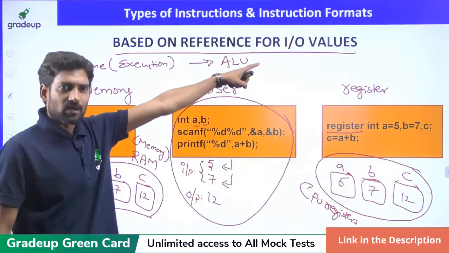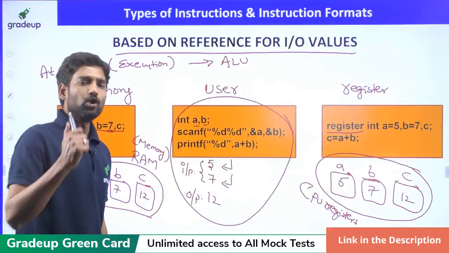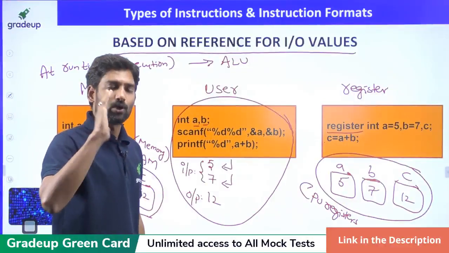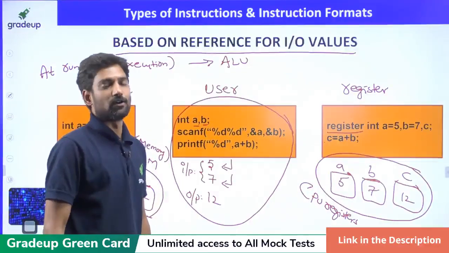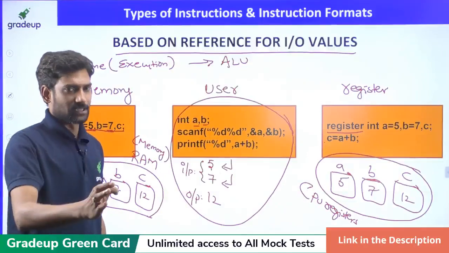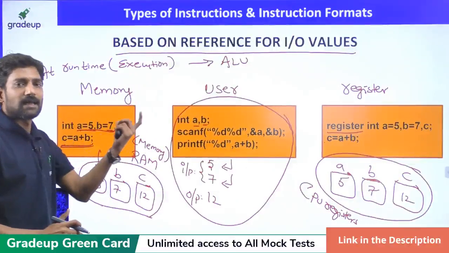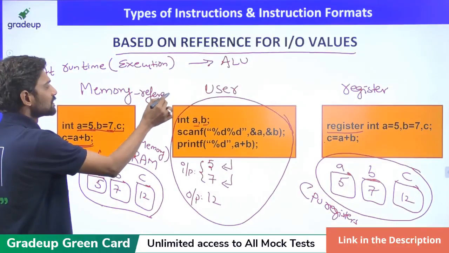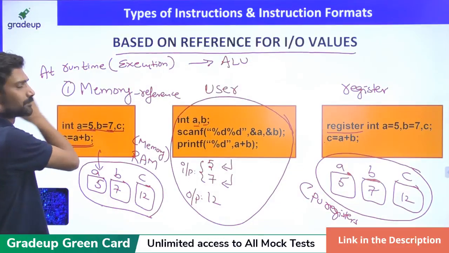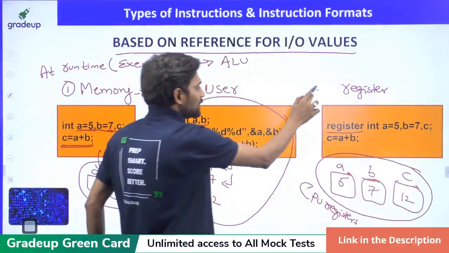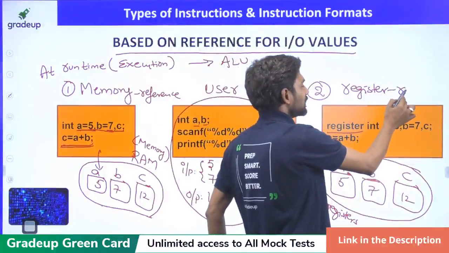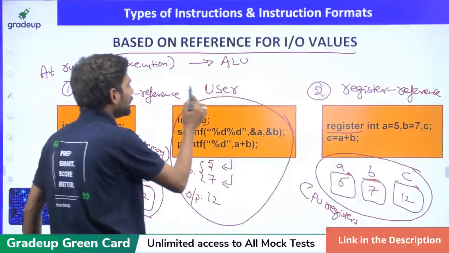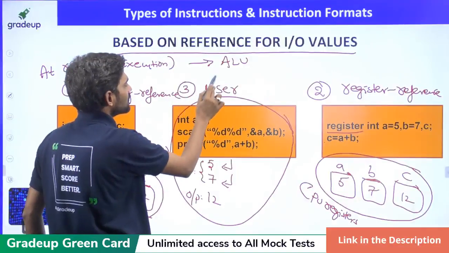For the inputs or for the outputs, whom does the ALU refer to? From where does the ALU take the input and to where does it produce the output? Based on this, instructions are classified into memory reference instructions, register reference instructions, and IO reference instructions.